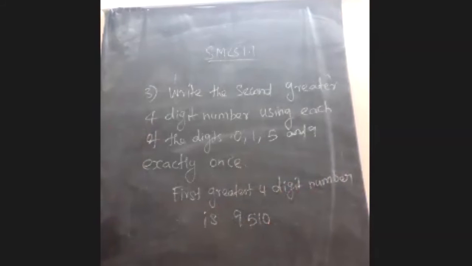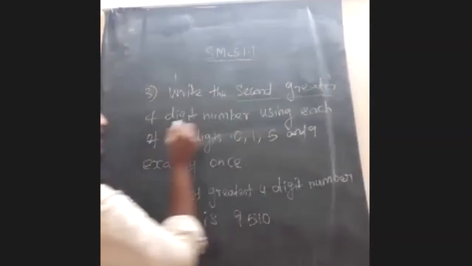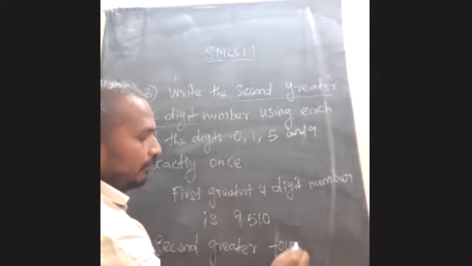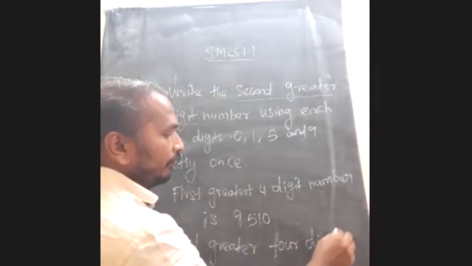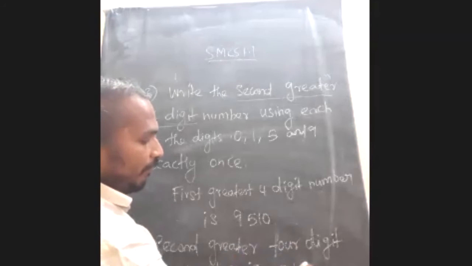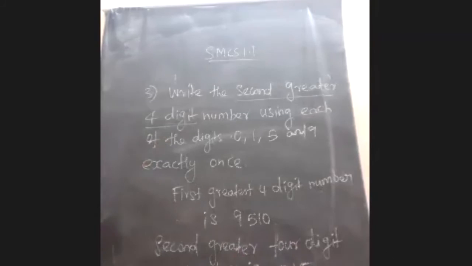But we have to find out the second greater 4-digit number. So the second greater 4-digit number is 9150. So most of you replied the correct answer. Very good. So the answer for this question is 9150.